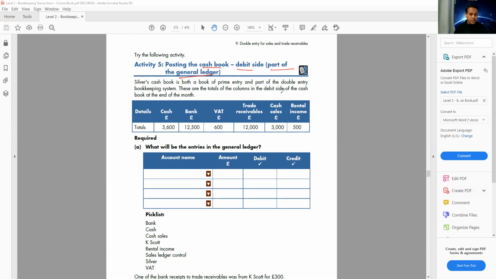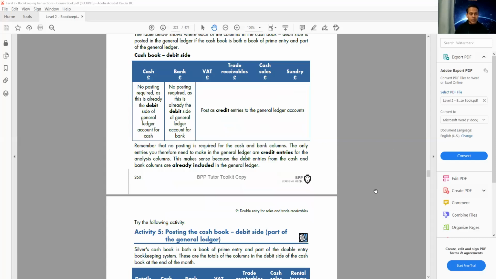If this is a part of general ledger, we ignore cash, we ignore bank. Don't take these two because these two are already included in the book of prime entry. So this is step number 2. Step number 1 is already done. Remember that there is an explanation here why, so you can always remember that.